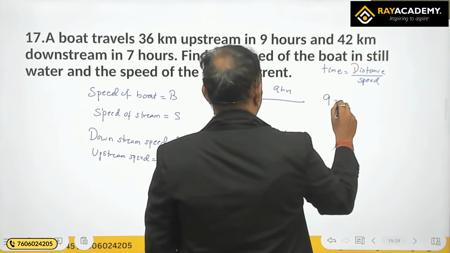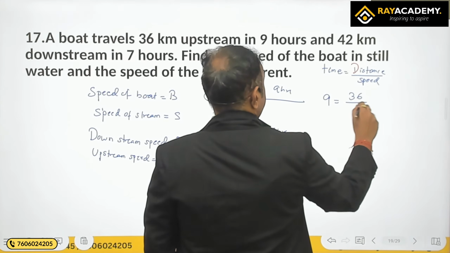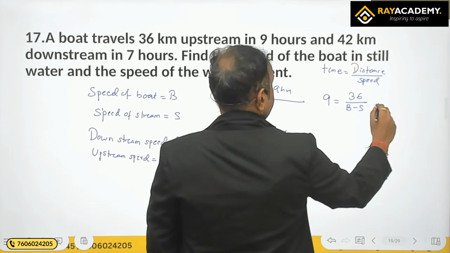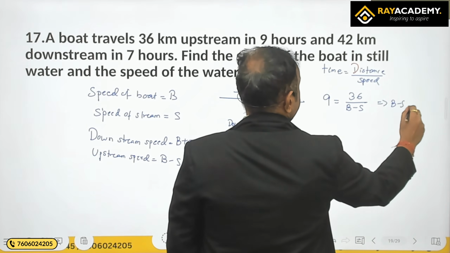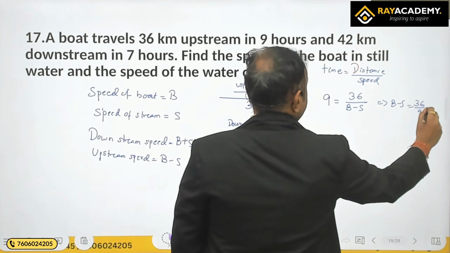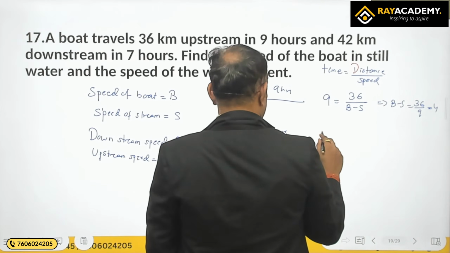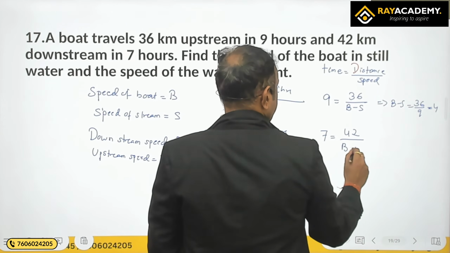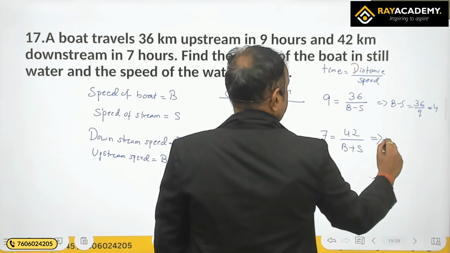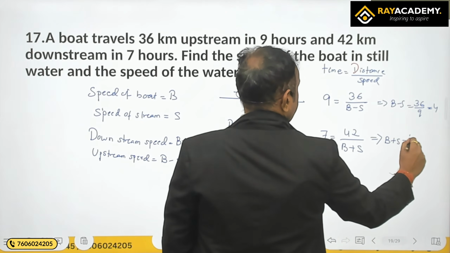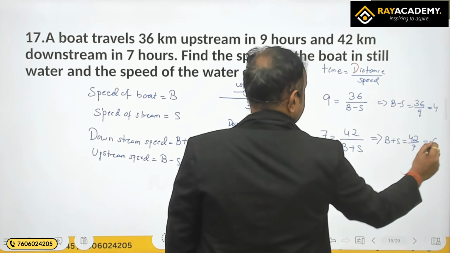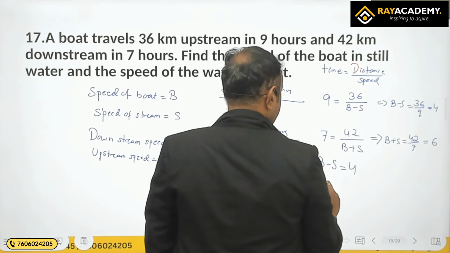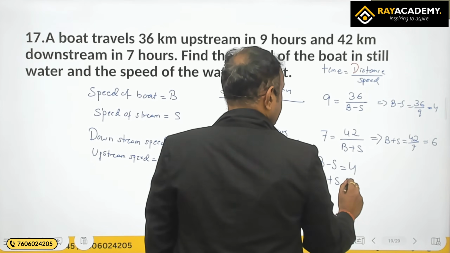So 9 equals 36 by upstream speed, that is B minus S. So you can say B minus S equals 36 by 9, that is 4. Then 7 equals 42 divided by downstream speed, that is B plus S, which implies B plus S equals 42 by 7 equals 6. Now B minus S is 4, B plus S is 6.